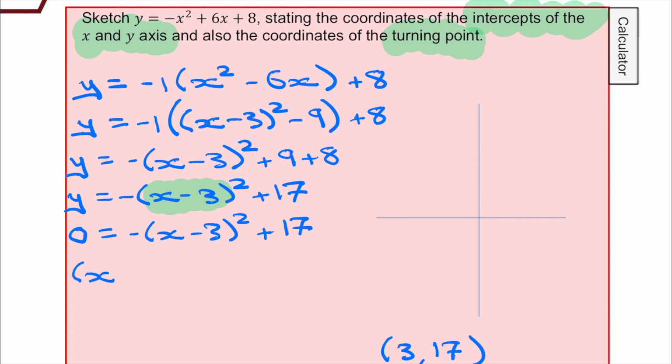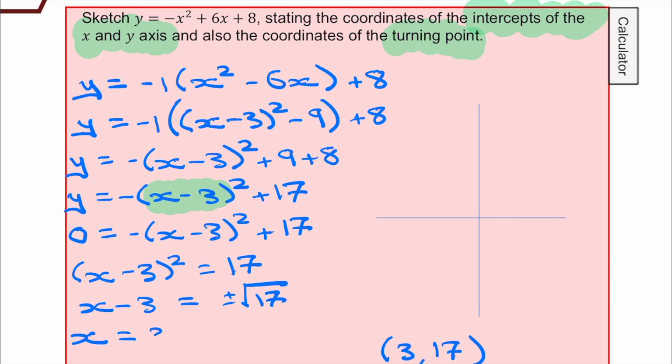That negative bracket that was on the right, we move it over to the left, it becomes positive. And then we're just leaving the positive 17 on the right-hand side. We'll square root here to get rid of the bracket, so that will give me plus or minus the square root of 17. And then the final step is to move the minus 3 over as well. So we get that x is equal to 3 plus or minus the square root of 17.